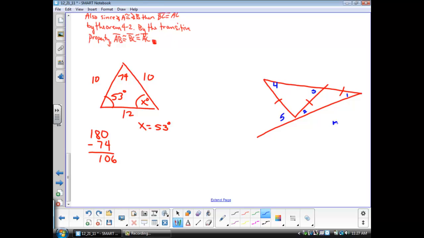So measure of angle 1 is 20. They want us to find the measures of 3, 4, and 5. So if angle 1 is 20, what other angle has to be 20? 2. 20 degrees.